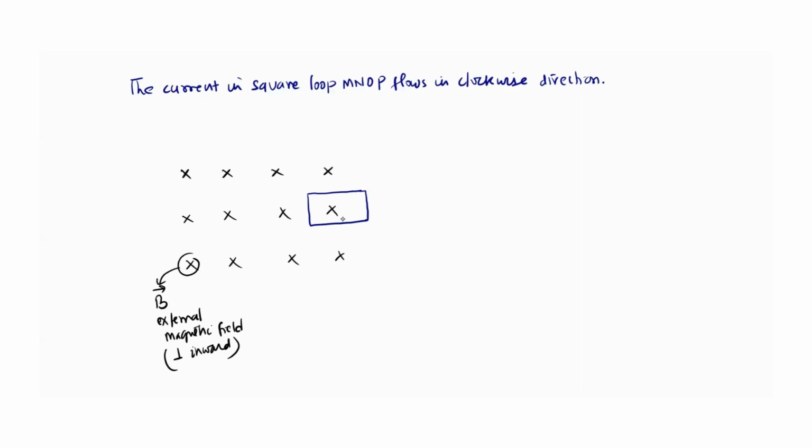This is phase 1 and this is phase 2, and I'm labeling it MNOP. If current flows in the clockwise direction, this is the direction of current.